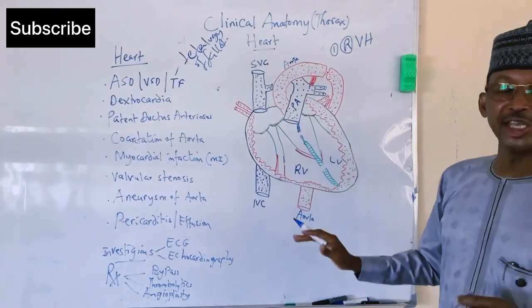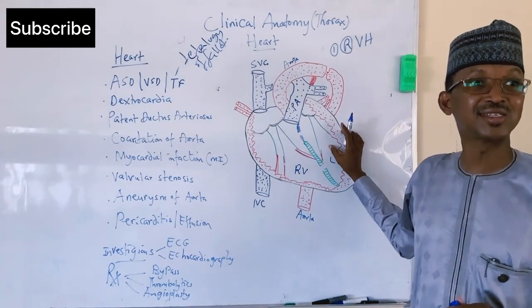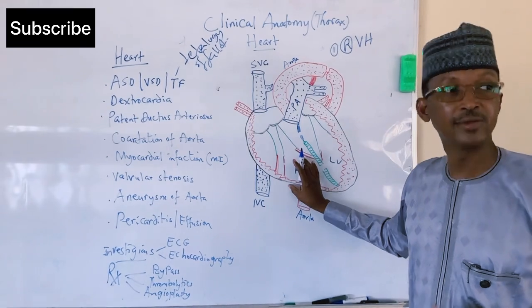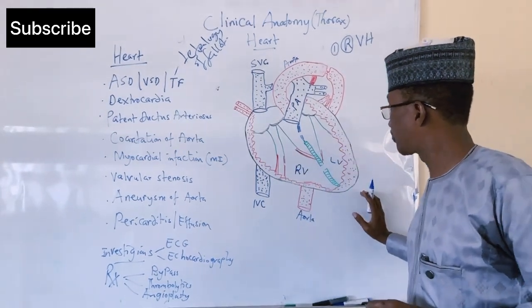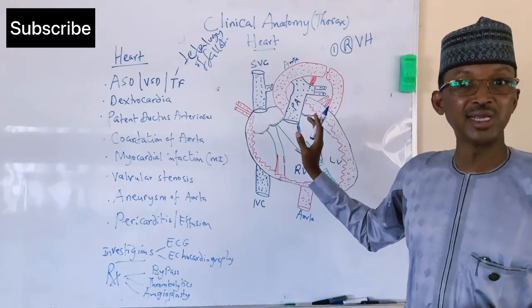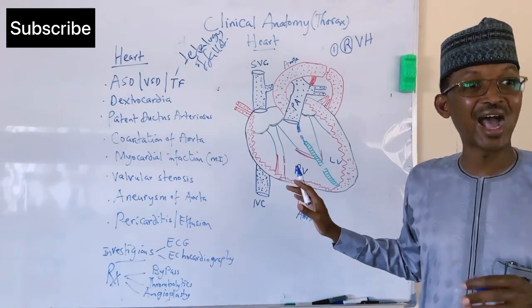In normal life, the left ventricle is thicker than the right ventricle. The reason is that the left ventricle pumps blood against high resistance to the great vessels and smaller arteries in the body.